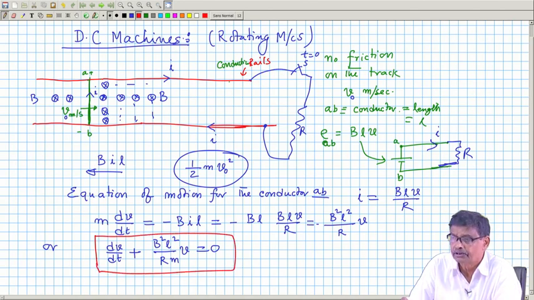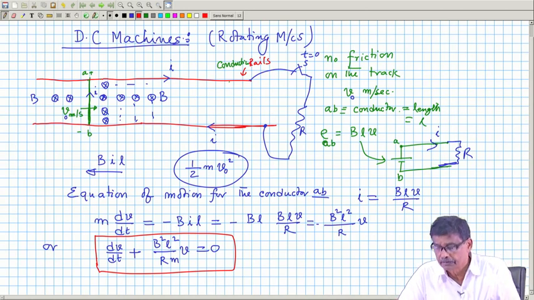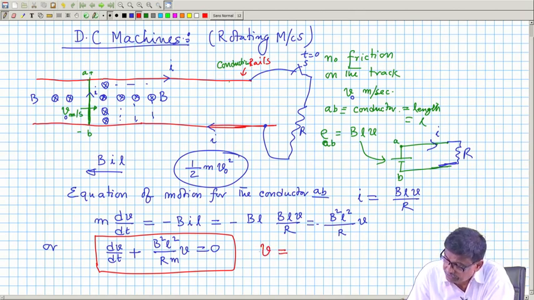Which is a first order constant coefficient differential equation, and I want to know what is velocity. So, the solution of this equation is well known.